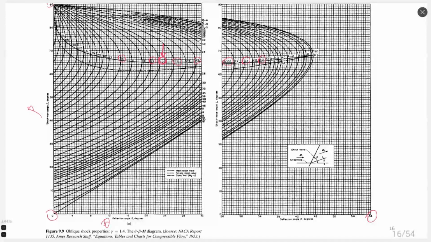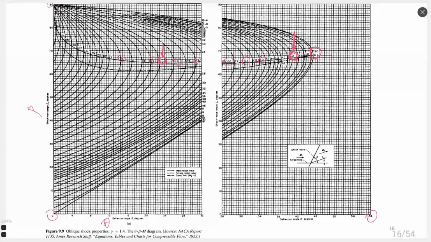Then it increases to high supersonic values, and almost at the end we have Mach 5, and then it goes to infinite Mach number. So this function has a limit.